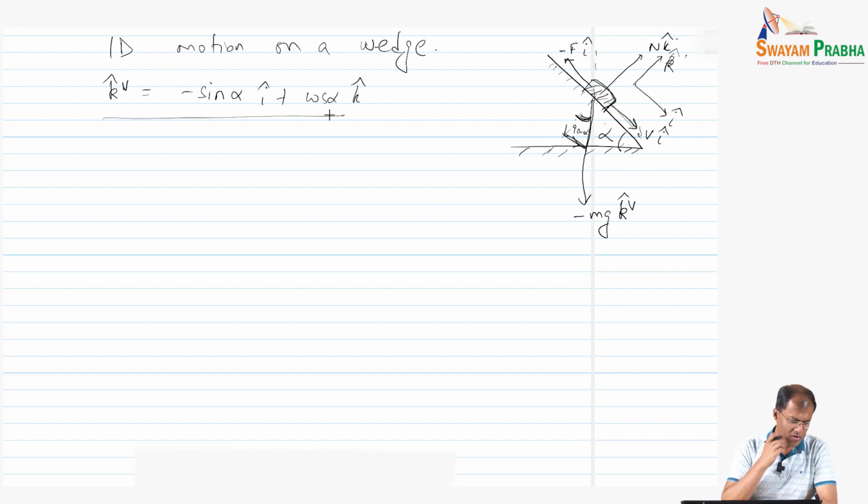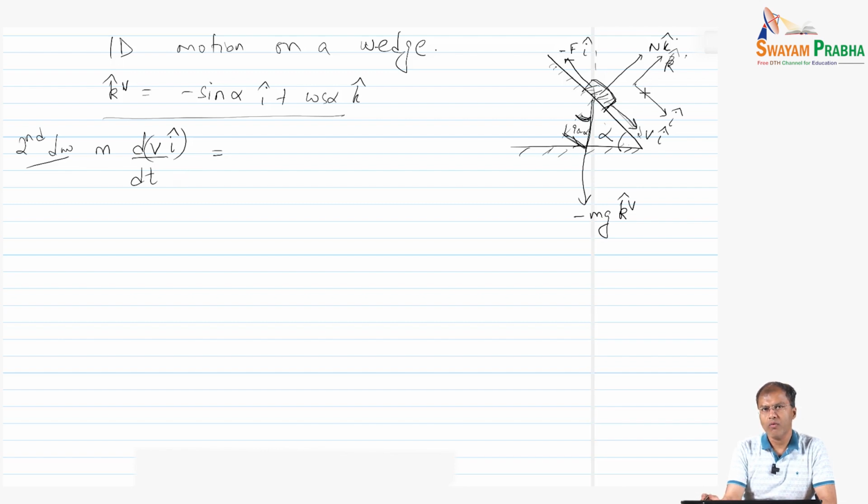Okay, so now I am ready to write my equation of motion. The second law says m times dv/dt. Now what is the direction of the velocity? It is v times i hat, it is moving along i hat, right? So now the readers can quickly see the advantage of using this coordinate, because the velocity has only one component, that is along i hat.